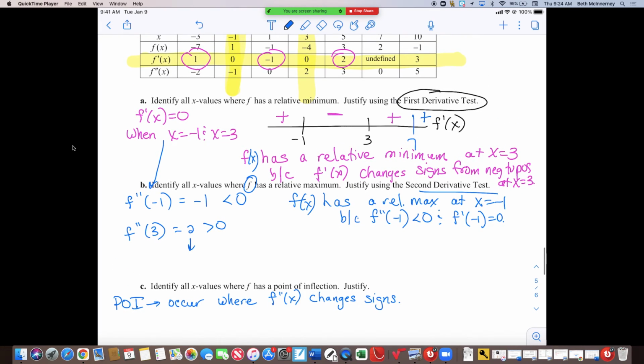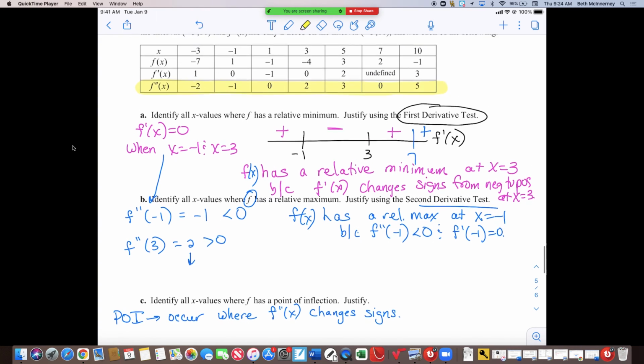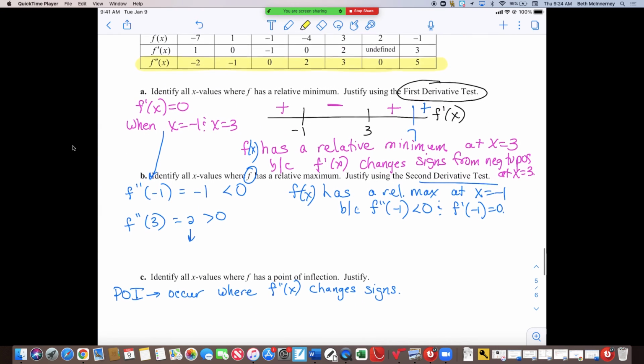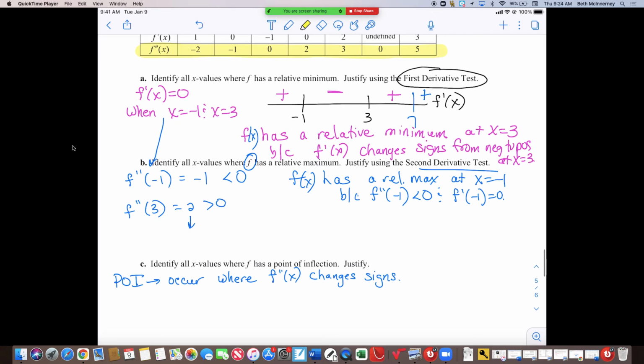So I'm going to look at my table, and now I'm looking at just the second derivative and at what values the second derivative changes signs. At x is 1, okay?